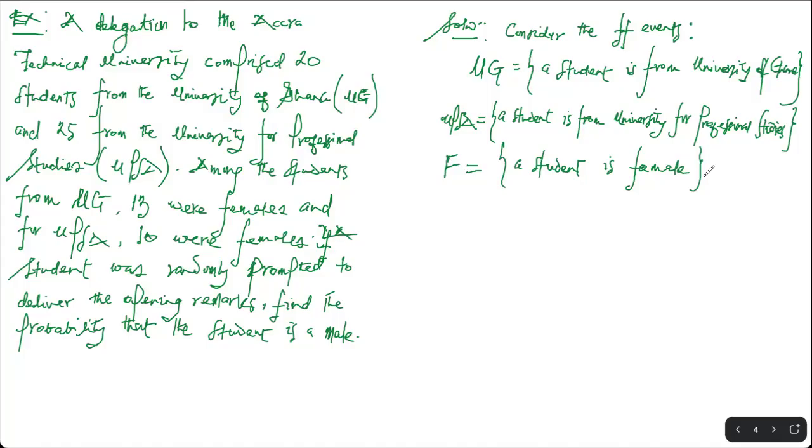Or if I want to frame it, either the male student that was chosen came from the University of Ghana, or the male student chosen came from the University for Professional Studies. But you see, this is the union of two disjoint events, which I can write as UG intersection F and UPSA intersection F.